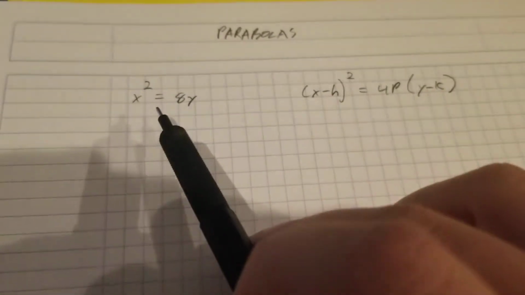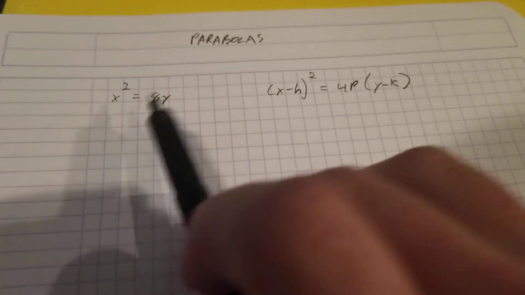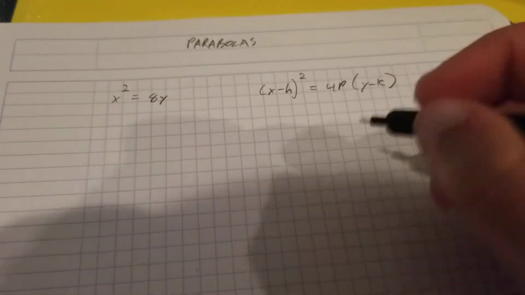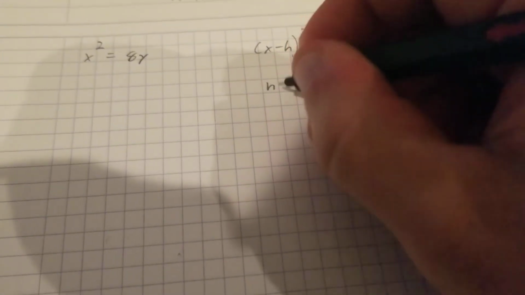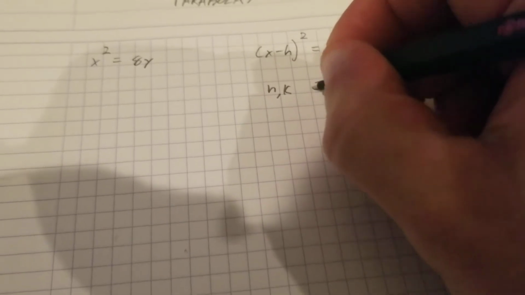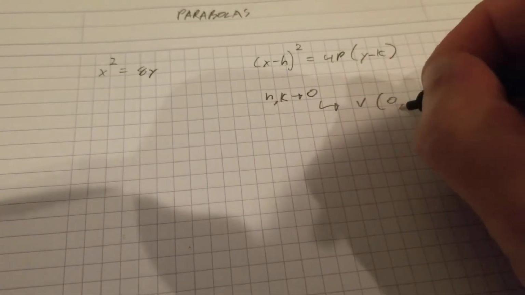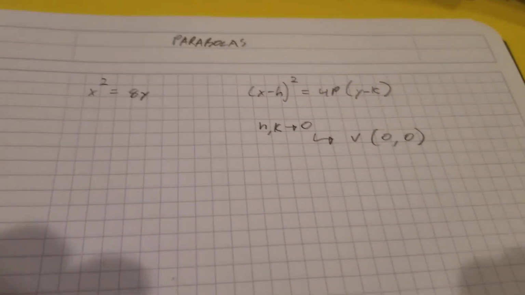In this case our vertex, which if you remember is h and k, is going to be 0, 0. Since h and k are both 0, our vertex is 0, comma 0. So we're just going to go from the origin.